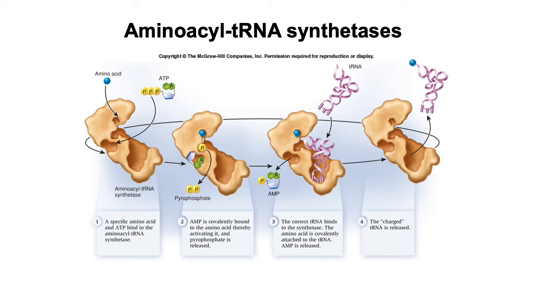So you have an amino acid that comes in to the synthetase enzyme, and you have a specific tRNA that gets brought in, and its specific anticodon is recognized by this enzyme, and then the amino acid literally gets linked or charged onto the end of the tRNA, and then those tRNAs are released out into the cytoplasm to participate in translation.